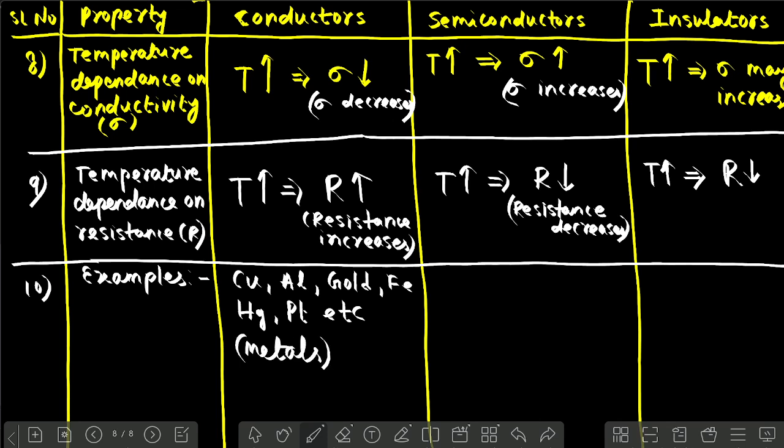Next, semiconductors. One is silicon, another is germanium. Two things you should write: silicon, germanium, gallium. Silicon and germanium are the mostly used elemental semiconductors. Some other compound semiconductors are also there, but this one you remember.